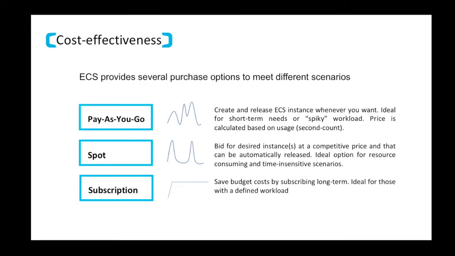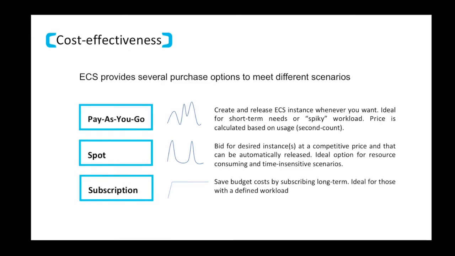In order to save on budget, ECS provides different purchase options, and you can select the most suitable option according to your situation. Pay-as-you-go is a post-paid option. You don't need to pay one cent at the time of purchase. Rather, the usage is based on second count and charged on an hourly basis.